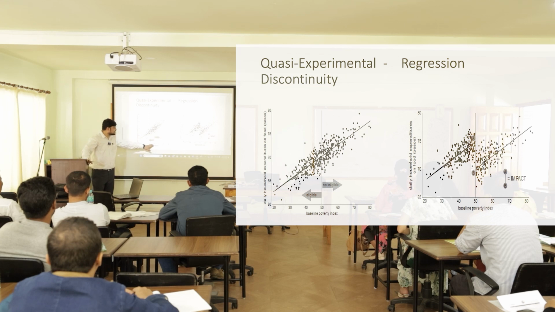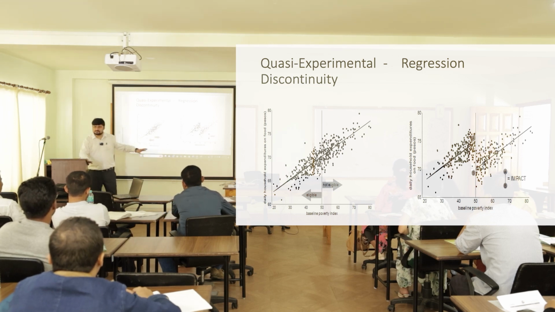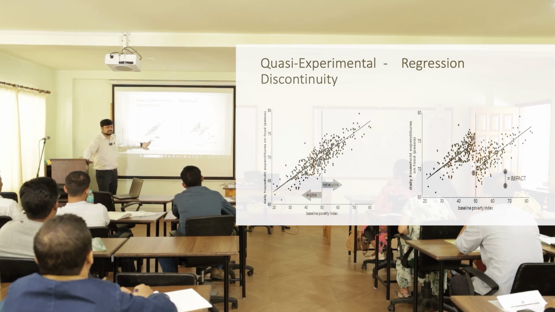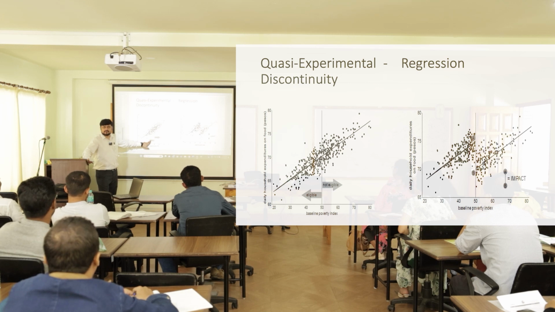Obviously, people who are falling less than 50 will be poorer than people who are falling above 50. Simple, right? So people who are poorer than 50 are eligible to receive the intervention.